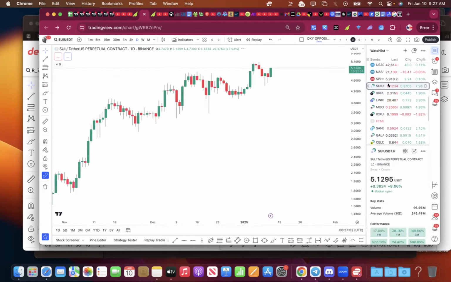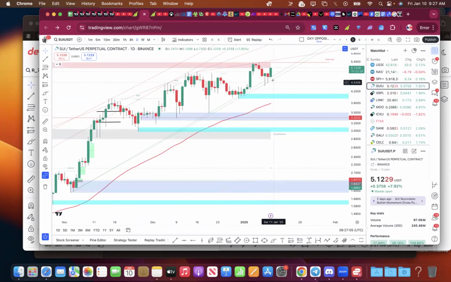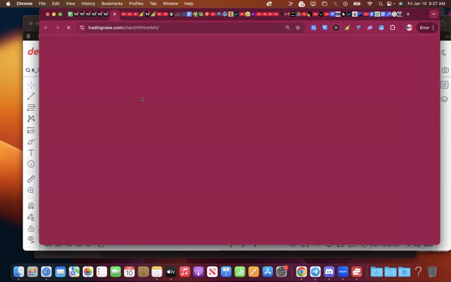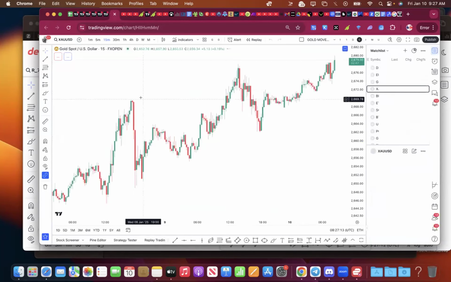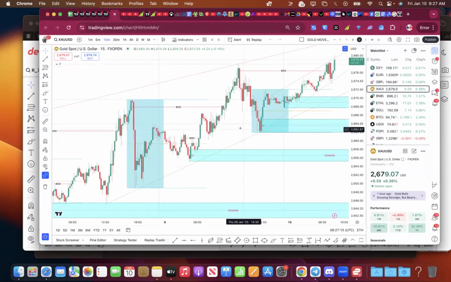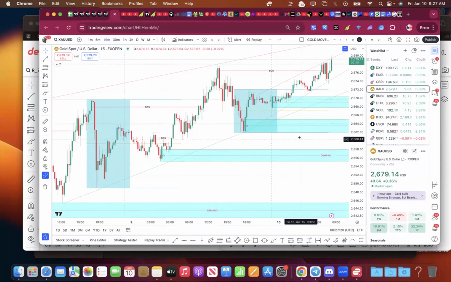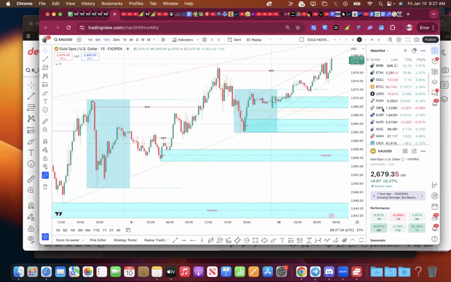You can see SUI now, so you can see the bounce. That was amazing. Now, what I do is, let me just go to the tool, instead of disturbing myself unnecessarily. Gold is still pumping, but we're not talking about gold here, we're talking about crypto first.